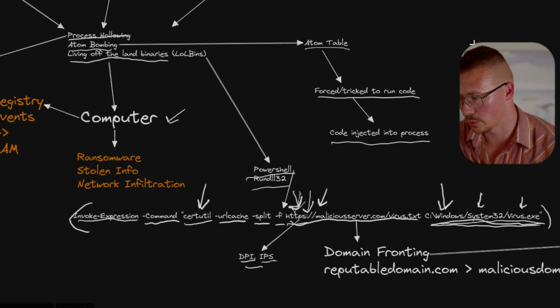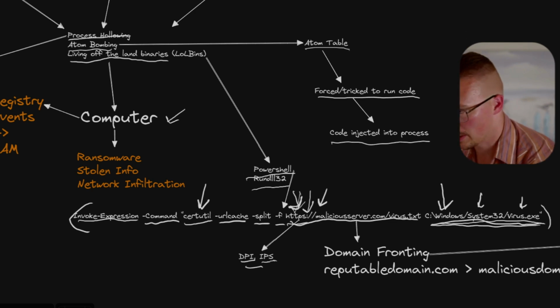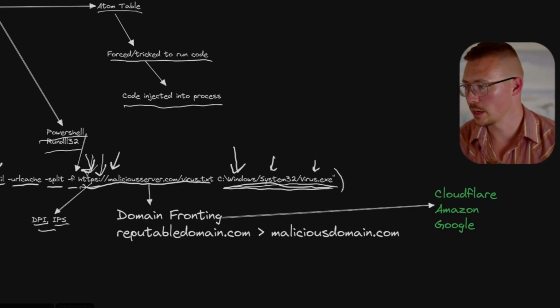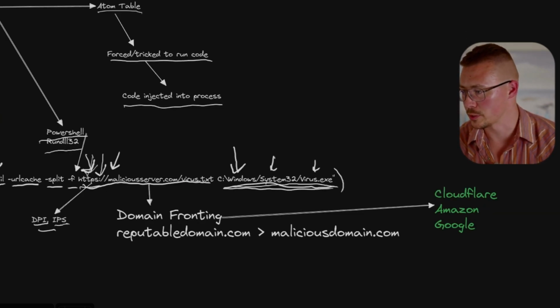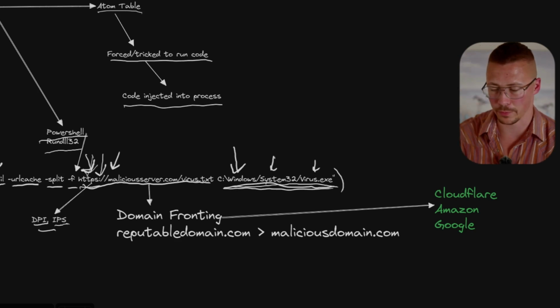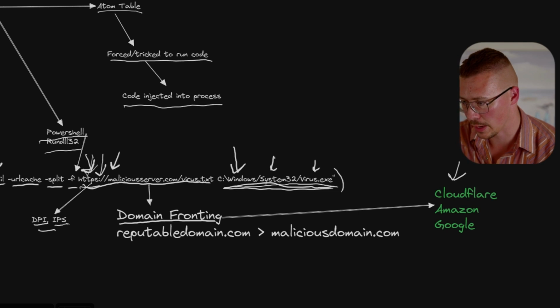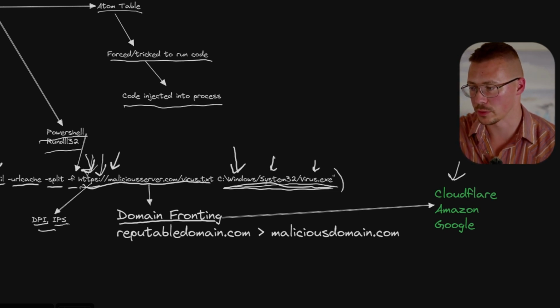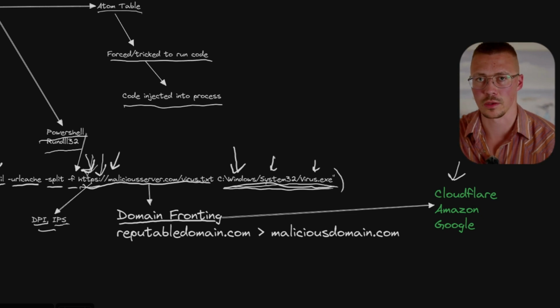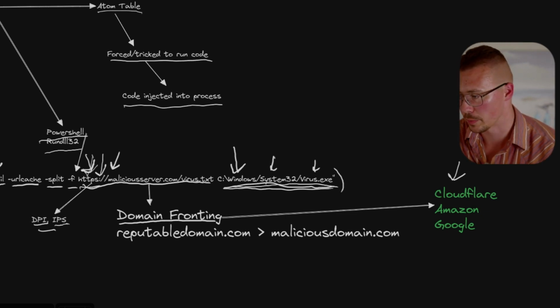The other thing I'm also going to cover real quick, this isn't all that common anymore because a lot of content distribution networks are moving away from this, but there's something called domain fronting. An example of a content distribution network would be somebody like Cloudflare, Amazon, Google. A lot of these services are moving away from allowing domain fronting because you can use this as a way to distribute malware.